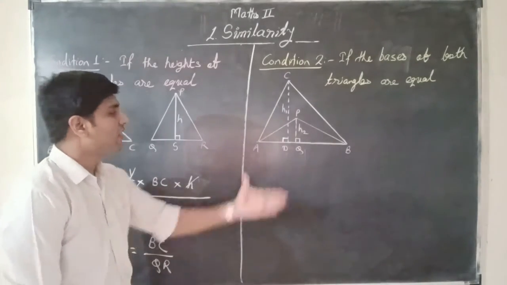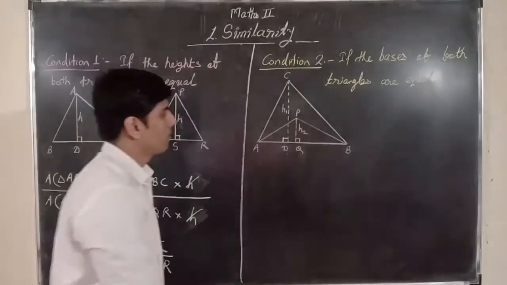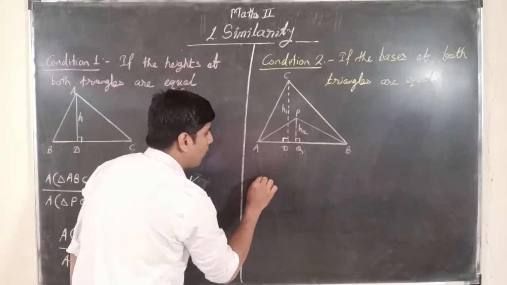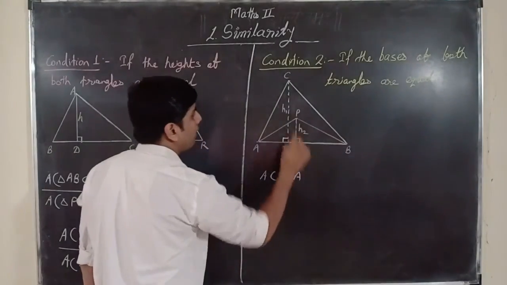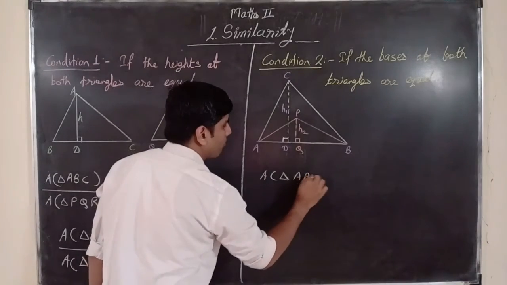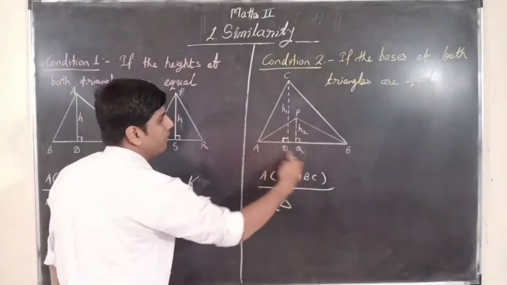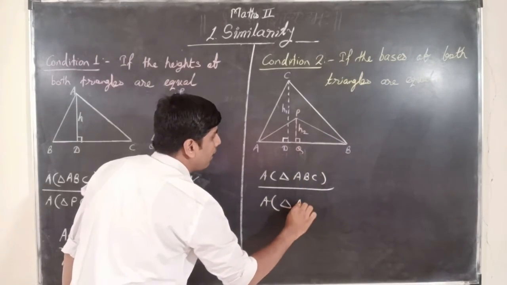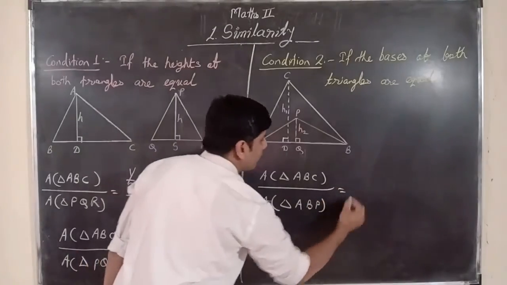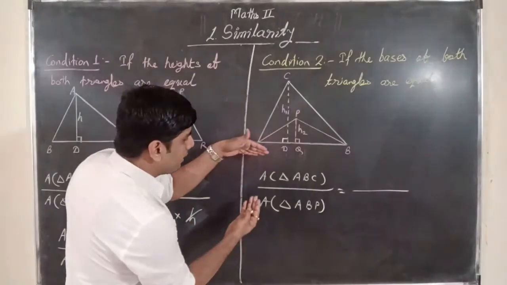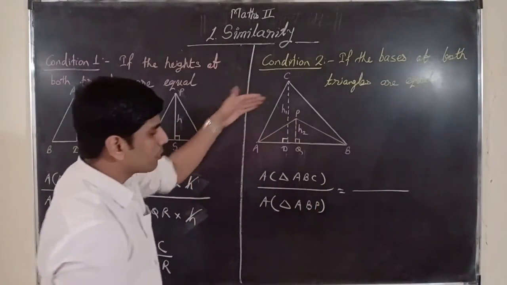Now let's see another condition. What will happen if the bases of both triangles are equal? Now area of the first triangle, that is triangle ABC, upon area of another triangle, that is triangle ABP, is equal to, now we know that this ratio will be equal to the ratio of their bases with their corresponding heights.